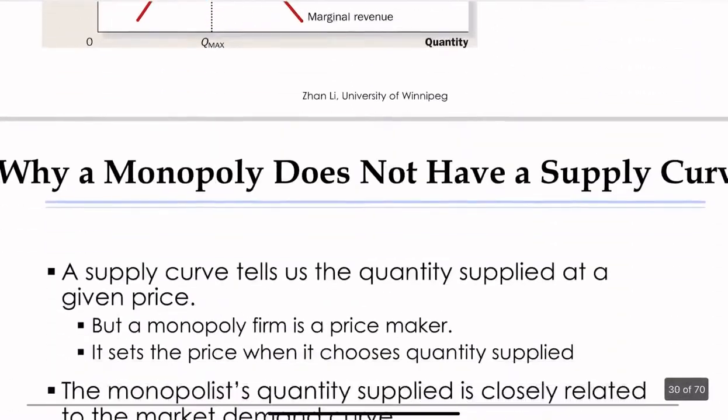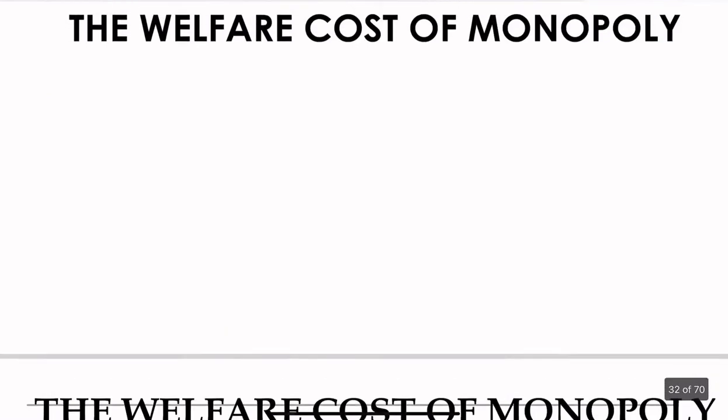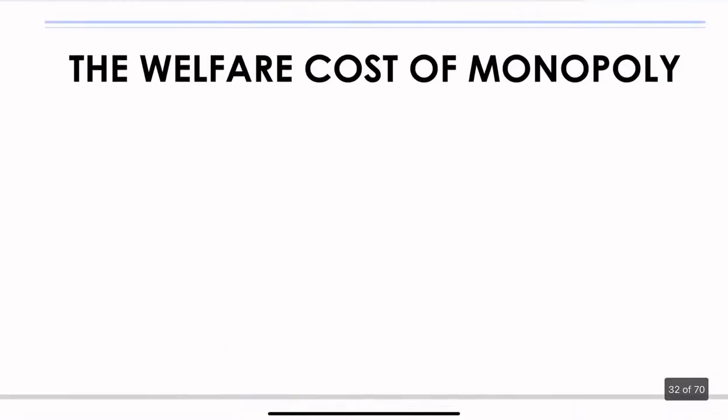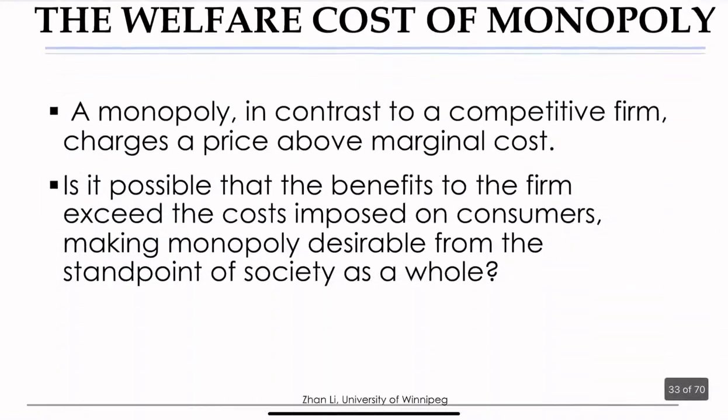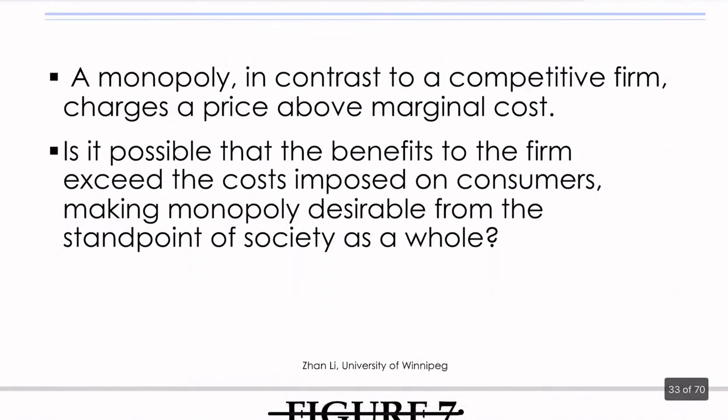And today we examine the welfare property of monopoly. That is, we want to understand whether the social welfare or the total welfare is maximized under monopoly. So what you can see here is, first, it's very easy to see that compared with the competitive firm, monopoly charges a price which is higher than the marginal cost.